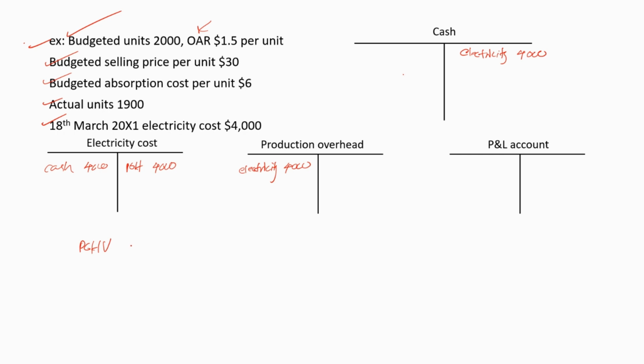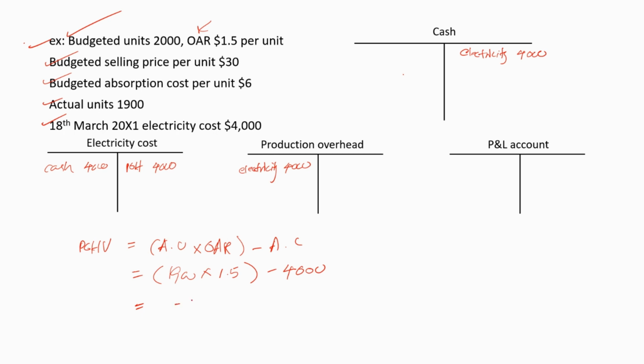So the production overhead variance is equal to actual units multiplied by OAR minus actual cost. So the actual units is equal to 1900 multiplied by budgeted OAR, which is $1.5 per unit, minus actual cost, which is $4,000.